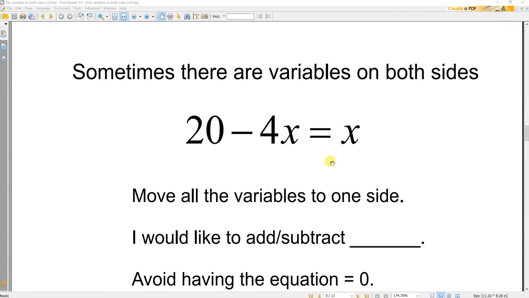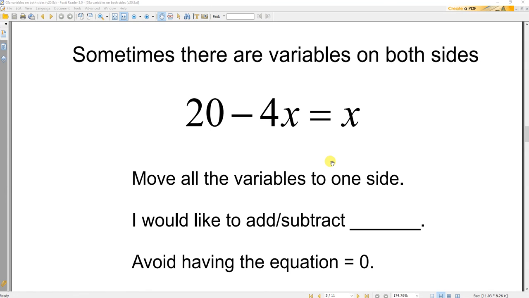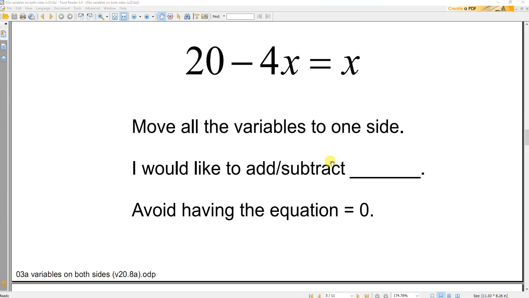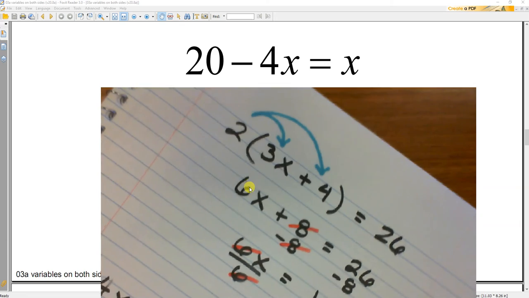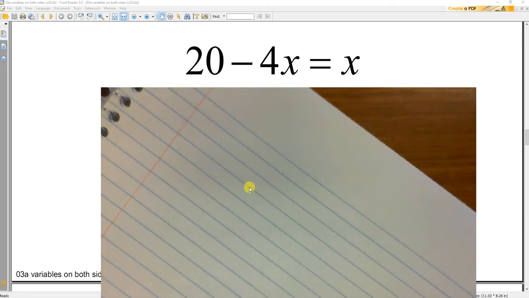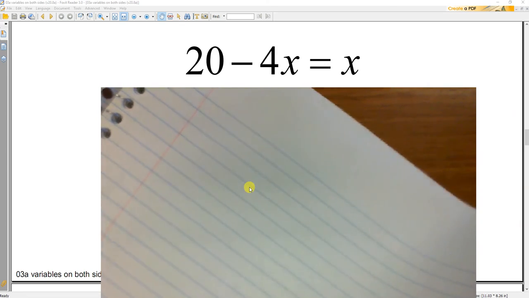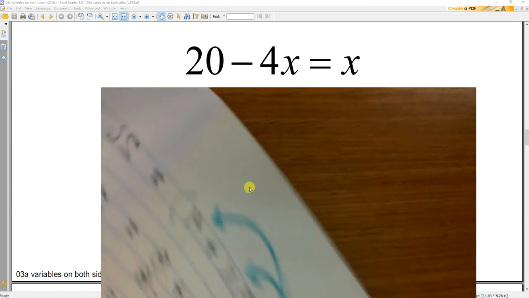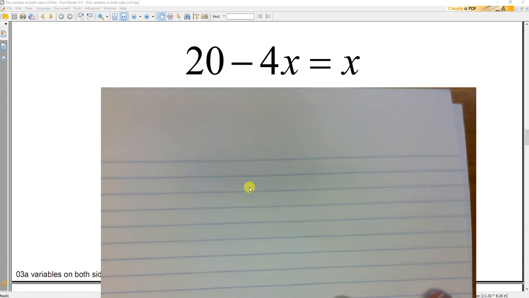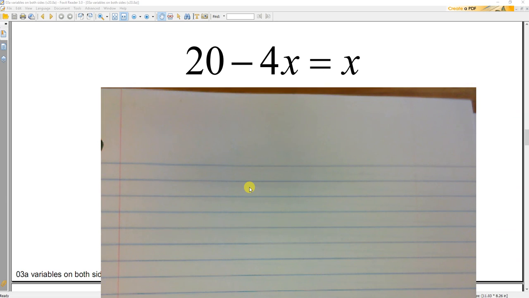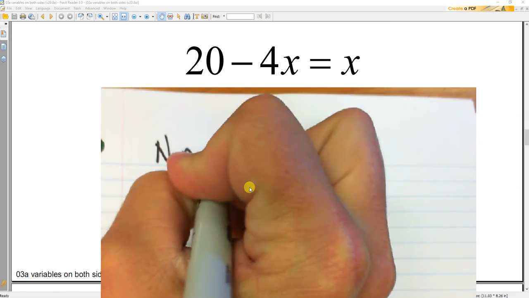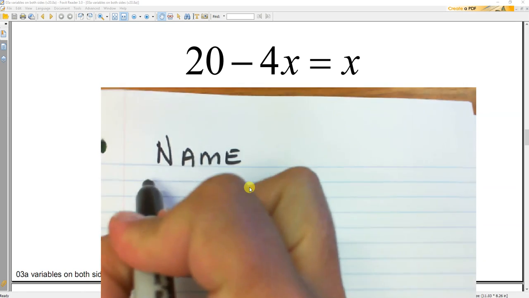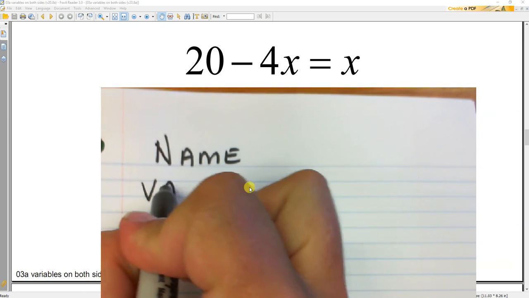Sometimes there are variables on both sides of the equation. Well, let's get started on our notes. You can start by writing down your name. And today's topic is variables on both sides.